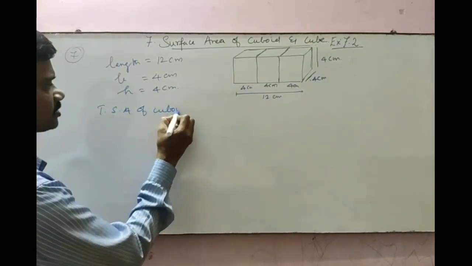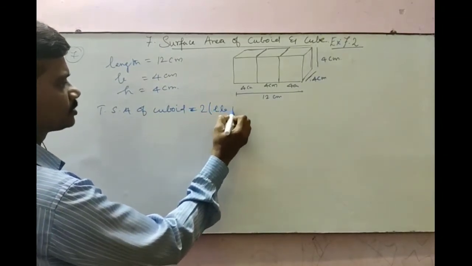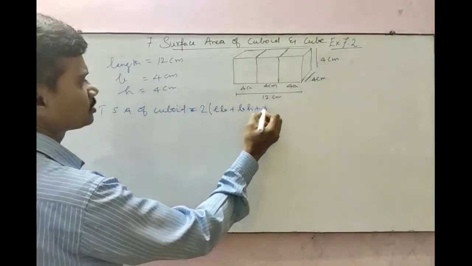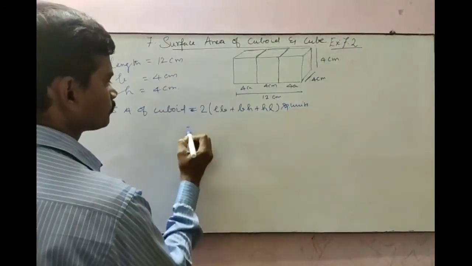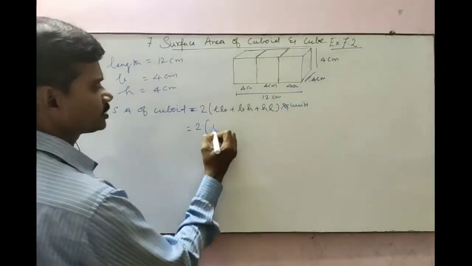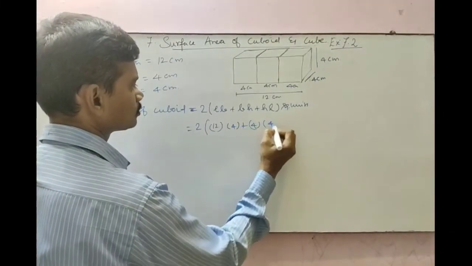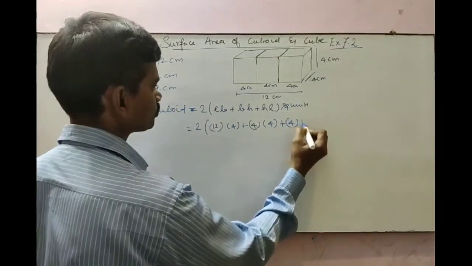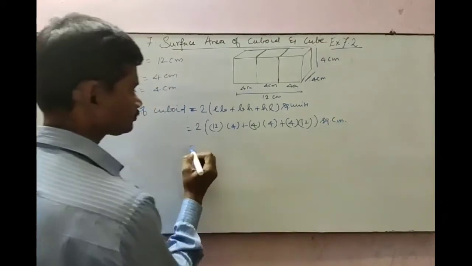What is the TSA of cuboid formula? 2 into lb plus bh plus hl square units. So 2 into 12 into 4 plus 4 into 4 plus 4 into again 12 square centimeter.